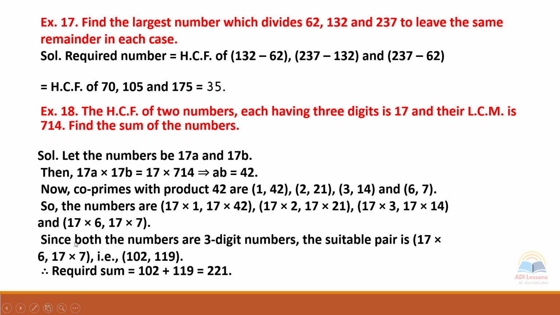Since both the numbers are 3-digit numbers, so the suitable pair is 17 into 6 comma 17 into 7, that equal to 102 comma 119. So ఈ two numbers sum అడిగాడు కాబట్టి required sum equal to 102 plus 119 equal to 221.